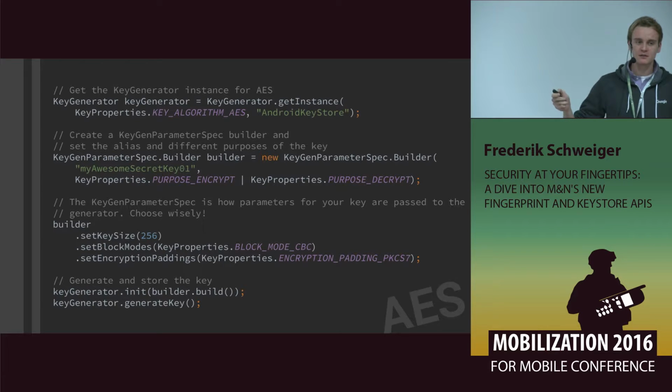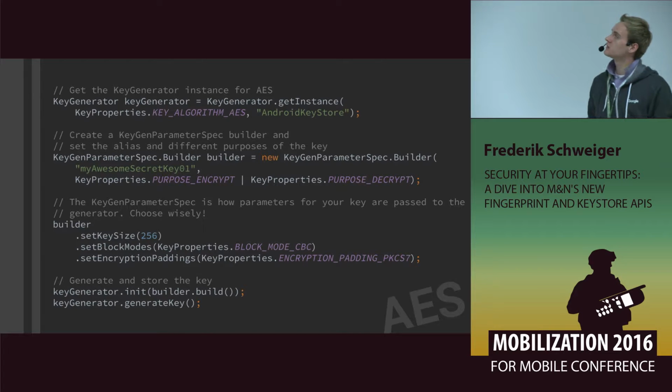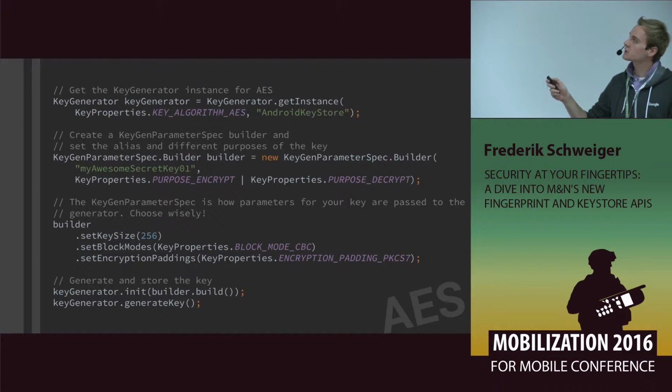This is very important: every cryptographic operation you want to do, you define it here. Because if you want to encrypt or decrypt or verify something with the key later on, and you didn't declare it in this creation method, then the Keystore will refuse to work with it.